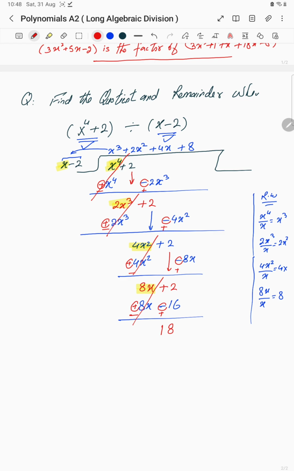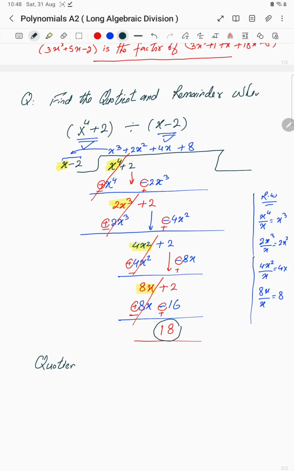Further, as we don't have a term with x or a greater power, we will stop here. The left-over term will be the remainder, and the answer is the quotient.